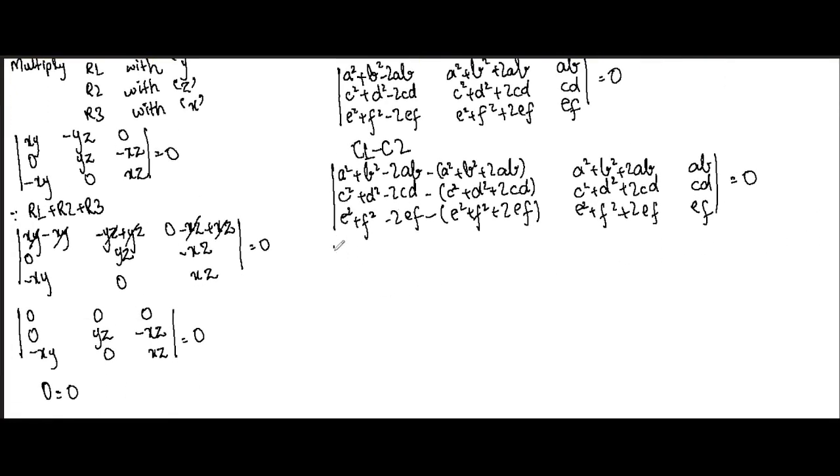Now let's open these brackets. We are going to write them as a square plus b square minus 2ab, then minus a square minus b square minus 2ab. Then we have the rest of the columns written as it is. And we are going to follow the same pattern for the rest of the rows as well.